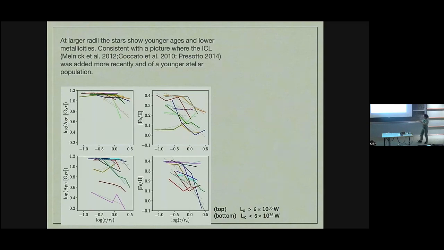On the left is age, and on the right is metallicity, and the x-axis is how far you are from the core of the cluster, with 1 RE being right here. And if you concentrate on the ages, you notice that the ages, especially in the high mass bin of clusters, which is on top, are very, very flat until you get to 1 RE, where they start to plummet. On the other hand, the metallicities, they also fall, but they fall in a much more smooth fashion.